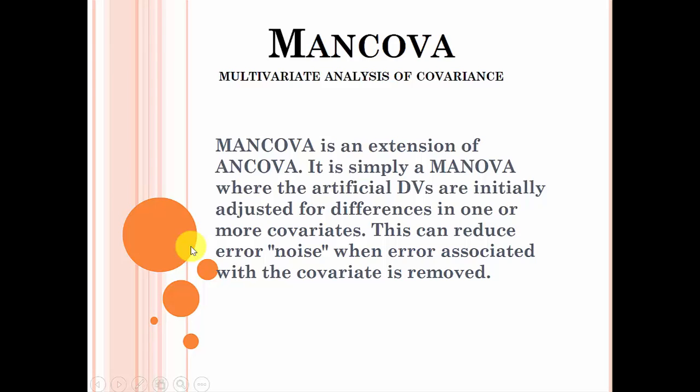Both MANOVA and MANCOVA feature 2 or more response variables, but the key difference between the two is the nature of independent variables. While MANOVA can only have factors, the analysis moves from MANOVA to MANCOVA when 1 or more covariates are added.